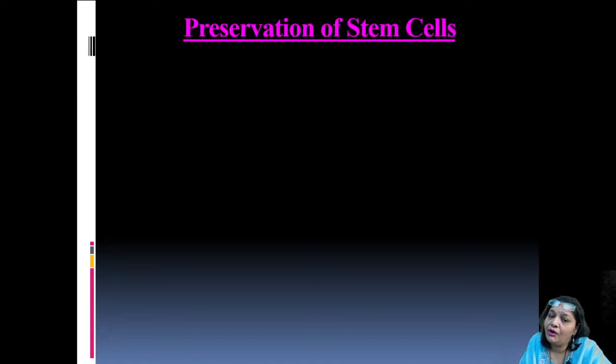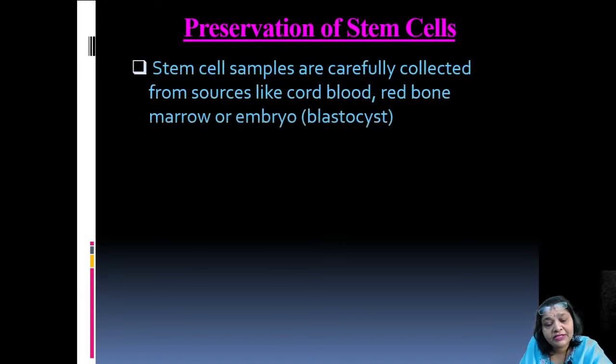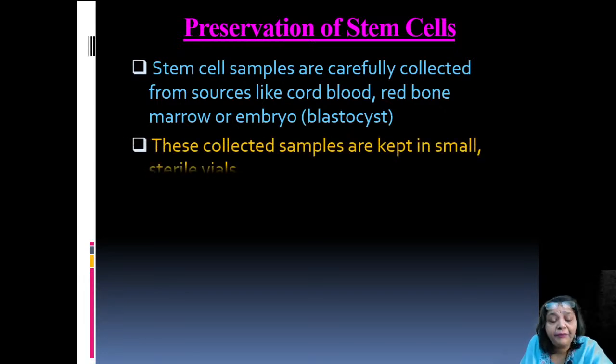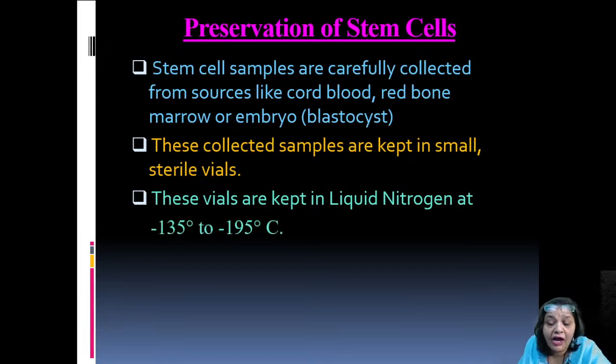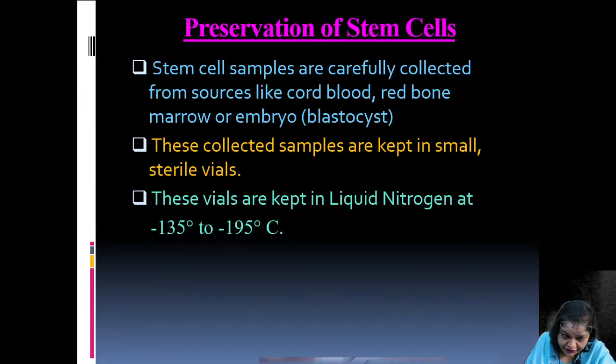So let us see how these stem cells are preserved. The stem cell samples are carefully collected from sources like the umbilical cord blood, the red bone marrow or the embryo, from the blastocyst mainly, right? And these collected samples are kept in small sterile vials, small bottles, which are kept in liquid nitrogen at a temperature of minus 135 degrees to minus 195 degrees Celsius.